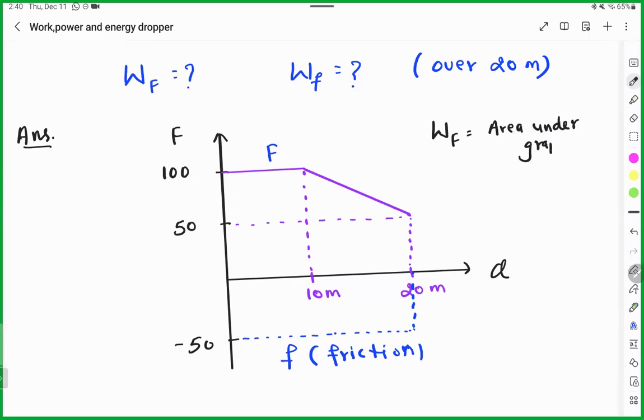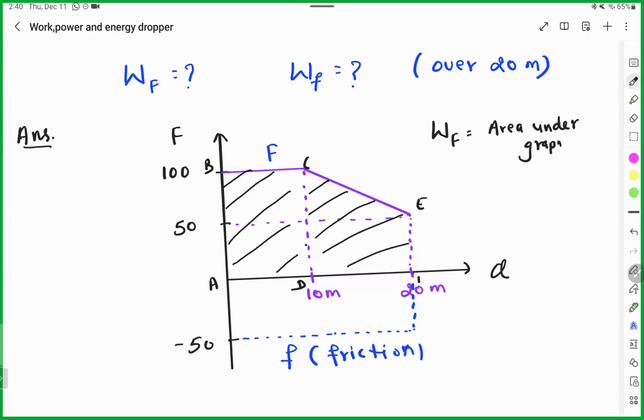And when I say area under the graph, it means this rectangle and this trapezium, the total area. If you say this is A, B, C, D, E, F, it will be area under ABCD plus area under CEFD. Then you will get the answer.